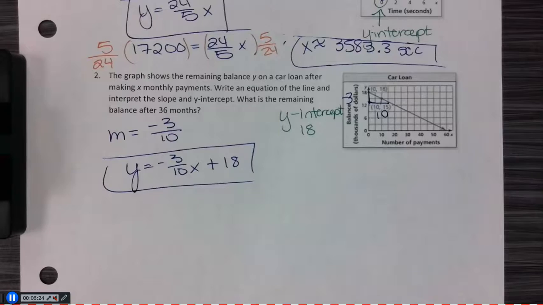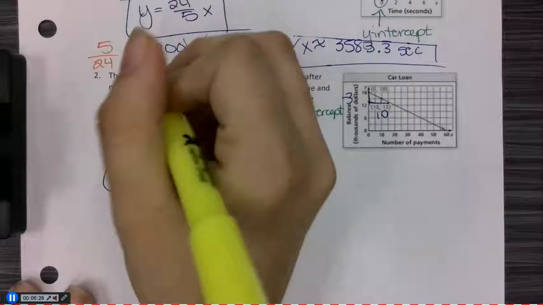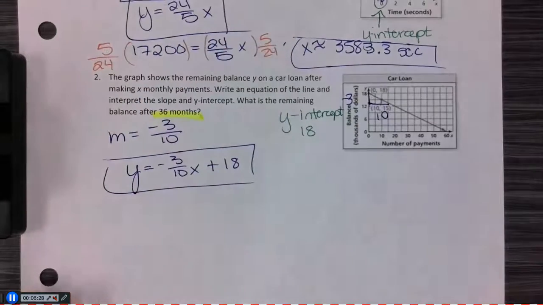This problem also wants me to find the balance after 36 months. Months is my x value, so I'm going to plug this in for x.